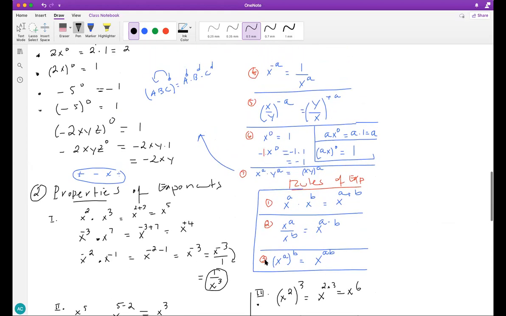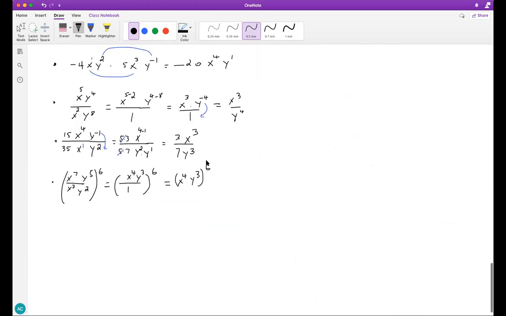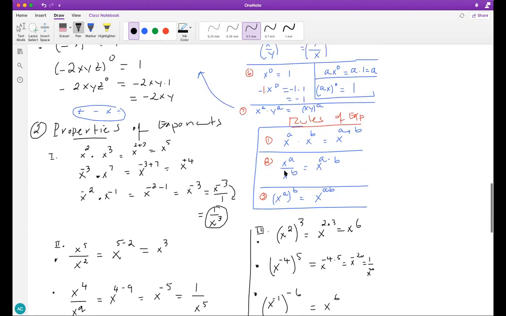Could be 3, or could be this one. 7. Yes, 7. This is what we have basically. We have two things to the same power. So we're going to split these into two things, or we're going to distribute the power to both x and y to get to this. So this 6 belongs to all this, so we're going to distribute the power to them. So we're going to use that first and then use number 3.